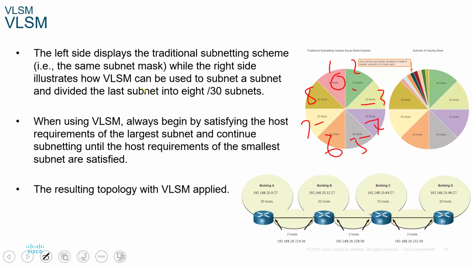But what we need for this network, we only need 2 IP addresses, and how many networks? We need 1, 2, 3 networks. So we need two IP addresses. So what we are saying, we can pick one of these subnets, maybe this subnet for instance, and then resubnet it. That is where VLSM comes in. Resubnet it into something smaller. And that is how we've resubnetted this one.